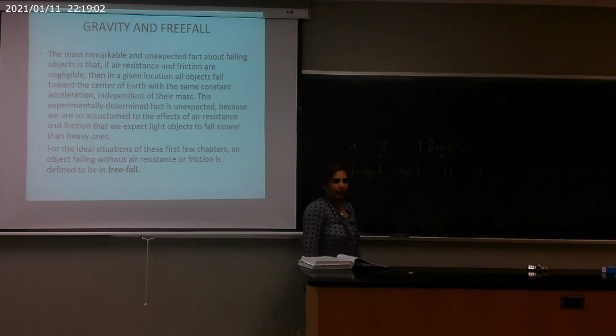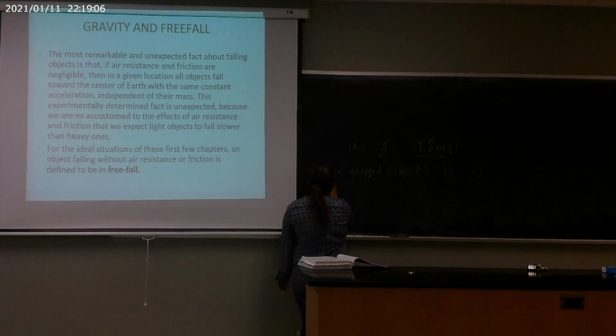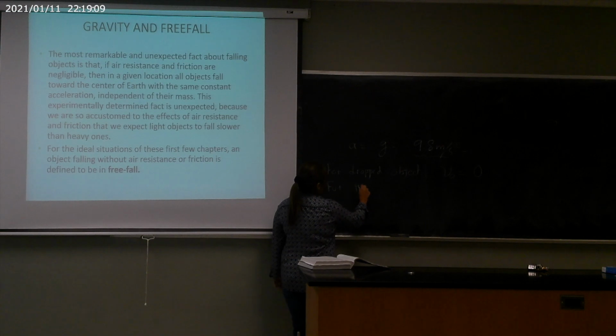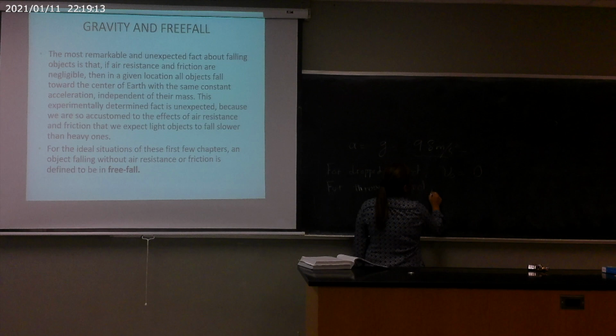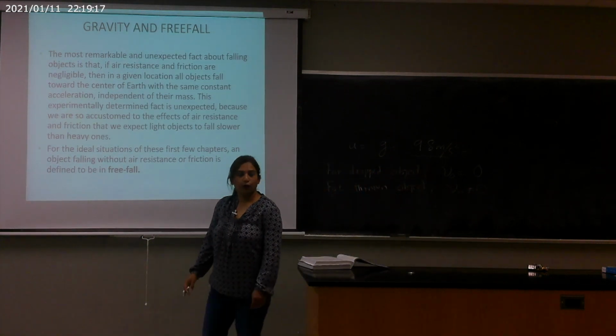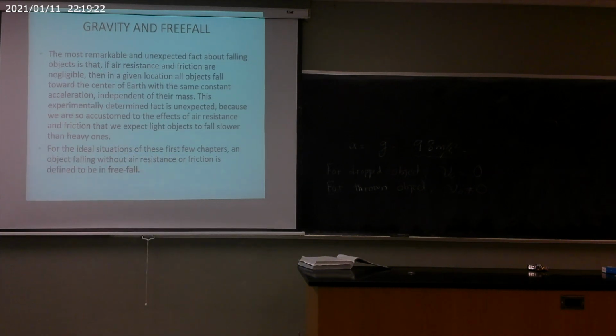You're not forcing it down. You are not applying any force on it. For thrown object, up or down, V naught is not equal to 0 because you are throwing them. You have to give them some initial speed vertically or horizontally in order for it to move.